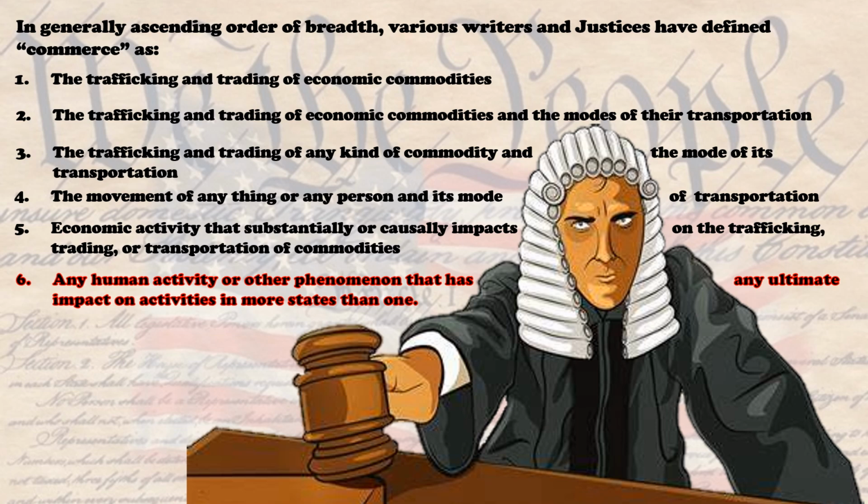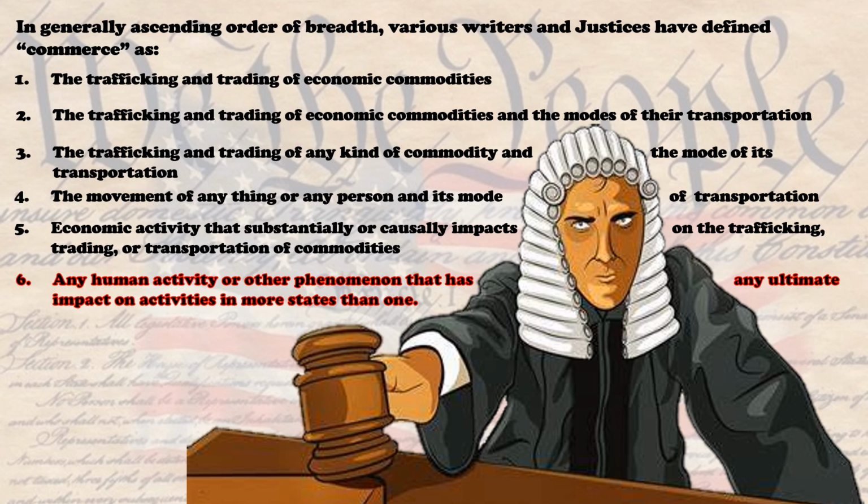Now, I know you're saying, well, how does that really affect commerce? How does it affect us? Well, basically what this law is saying is, if your grandmother has a garden in her backyard and she chooses to grow tomatoes for her personal consumption, the federal government could tell her that while she is allowed to grow those tomatoes, she could not eat those tomatoes because in eating the tomatoes she grew, she was not going to the supermarket to buy tomatoes that may have been grown in another state.